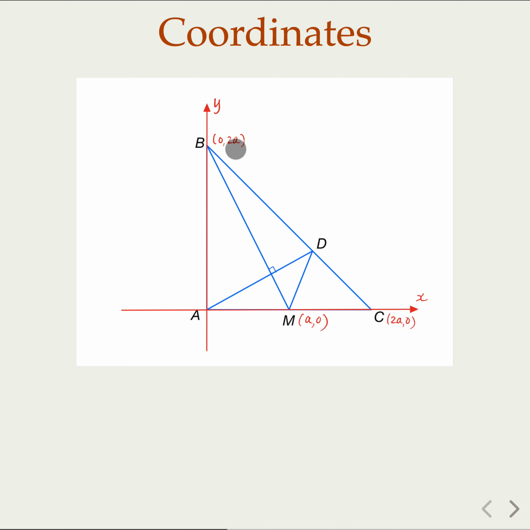Right? So once we set up the coordinate system, we're going to look at the straight lines here. Now BM, you notice, has a slope of -2, because AB equals 2 times AM. The lines are perpendicular, so the product of the slopes would be -1.